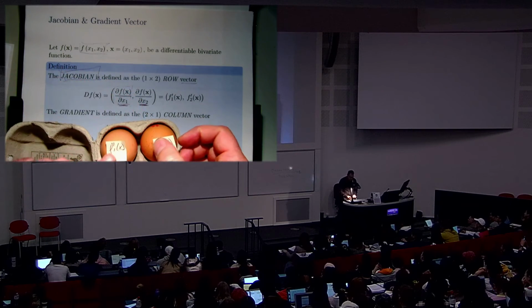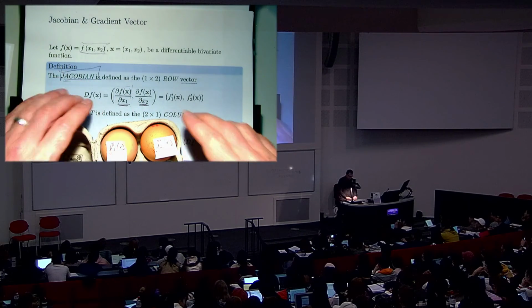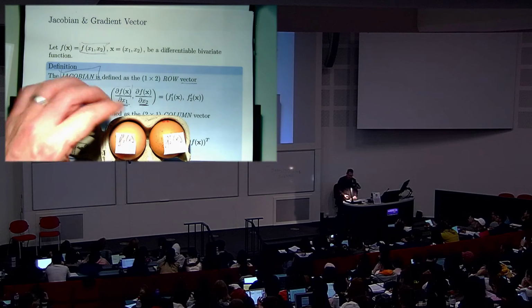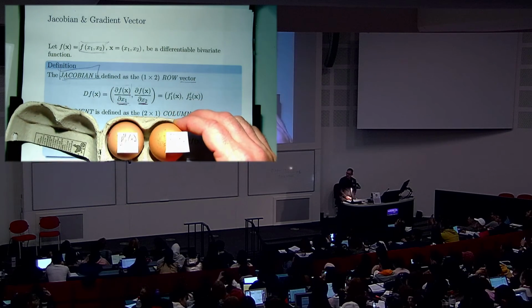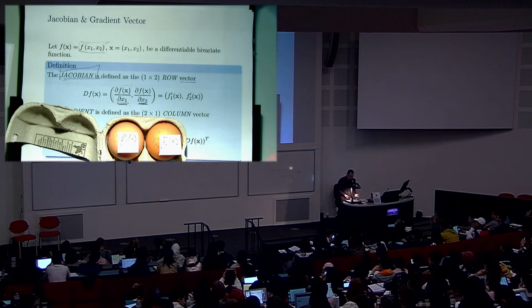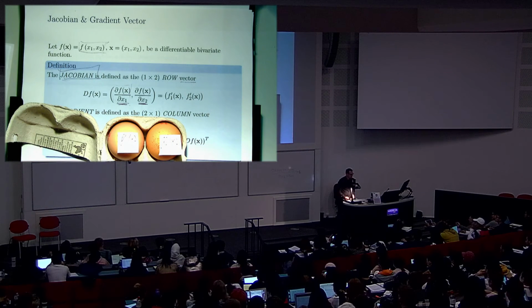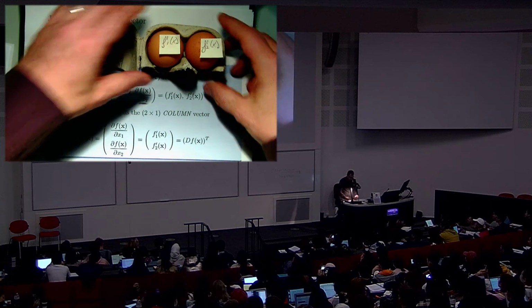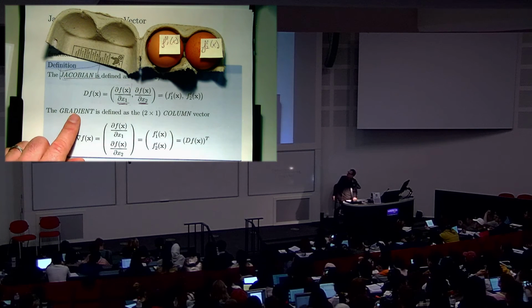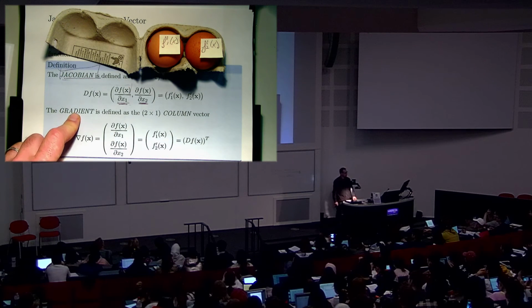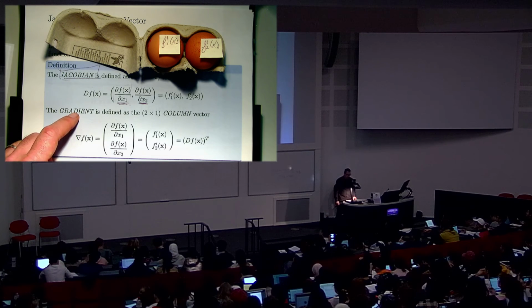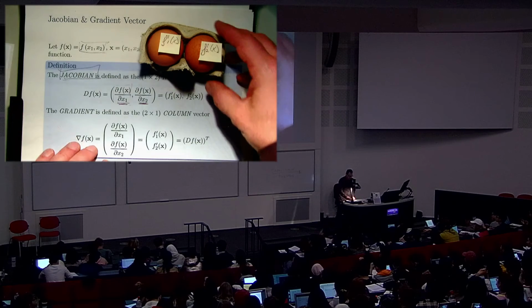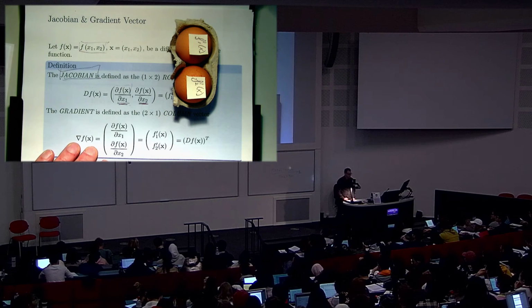Okay. We're just having a container, and we have one first order partial derivative and another first order partial derivative, and they have some labels. Okay. And sometimes we call something a gradient vector. And a gradient vector is nothing else but the same thing, just turned around.